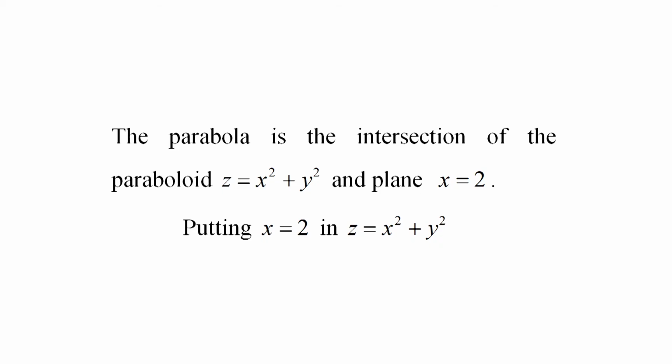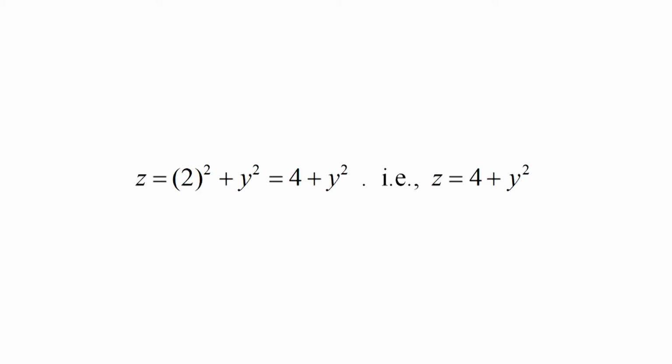This problem can be handled without the use of partial derivatives. For this, we consider the single variable function associated with the parabola, which is the intersection of the paraboloid z = x^2 + y^2 and the plane x = 2. Putting x = 2 in z = x^2 + y^2, the single variable function is z = 2^2 + y^2, that is z = 4 + y^2.